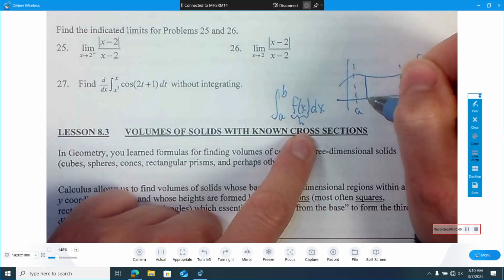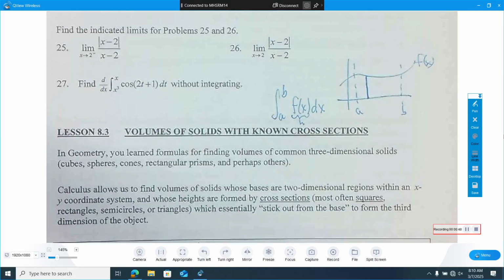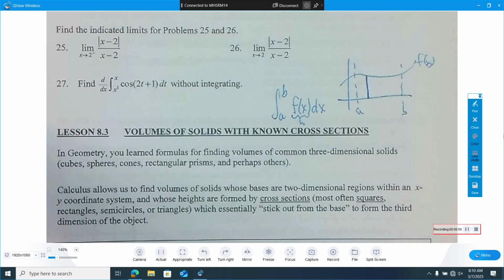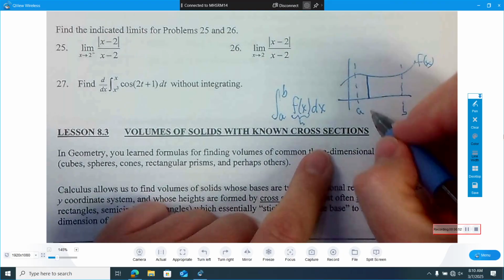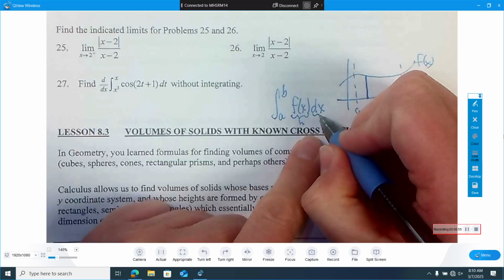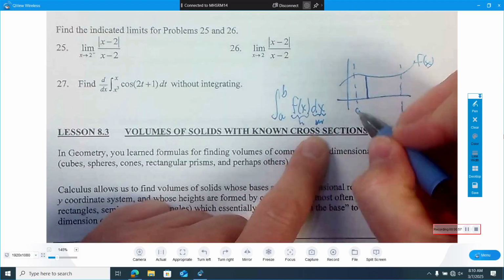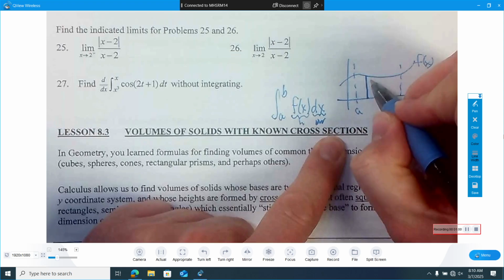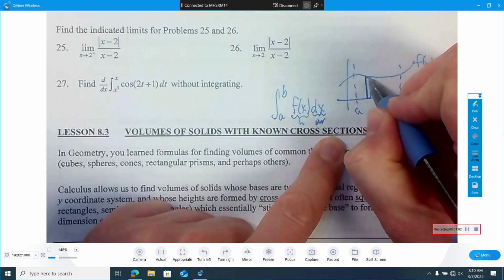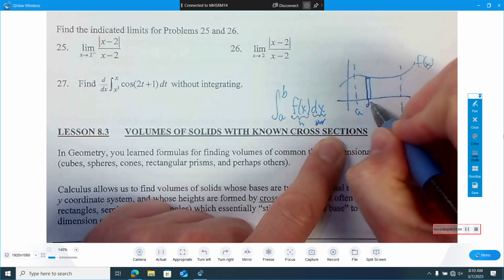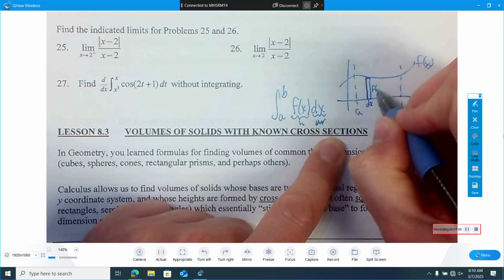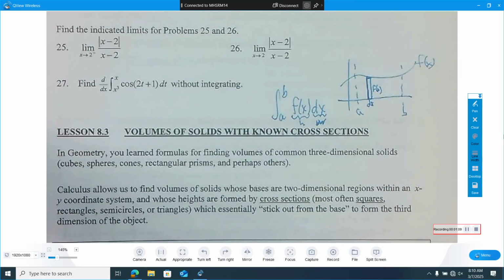So we get the height of a sliver, times this little width, which is the dx here. That's the w. And if we get enough of those little rectangles, we can add them together, and those tiny rectangles, which get smaller and smaller, will eventually add up and give us that area under the curve. Okay.